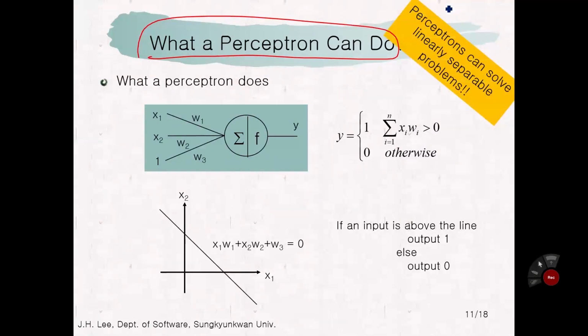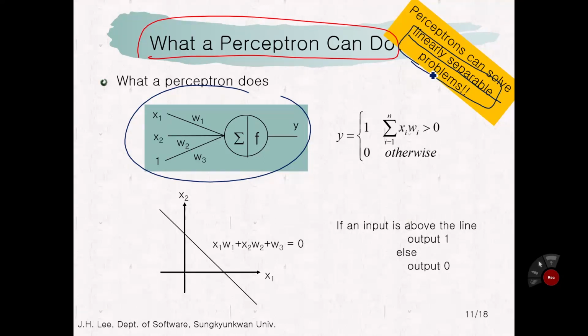So we may say that a perceptron can solve a linearly separable problem. You may understand the meaning of a linearly separable problem. I told you this W can represent a line in an input space x1 and x2, right?